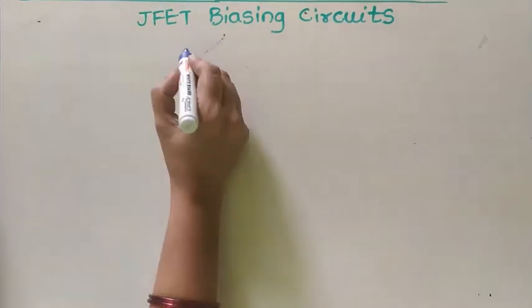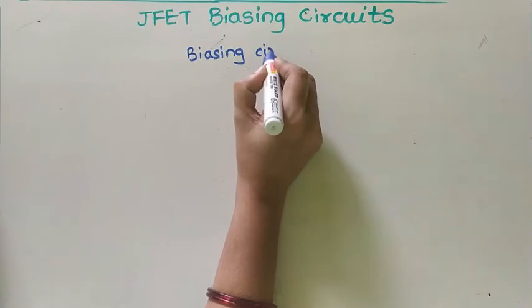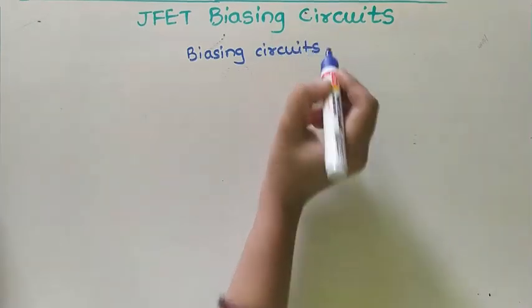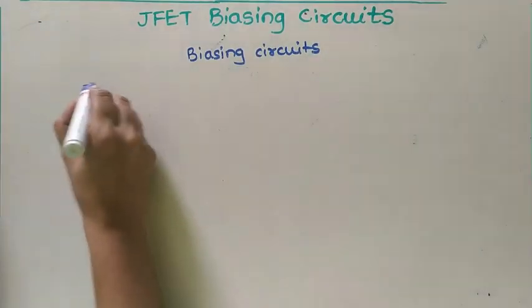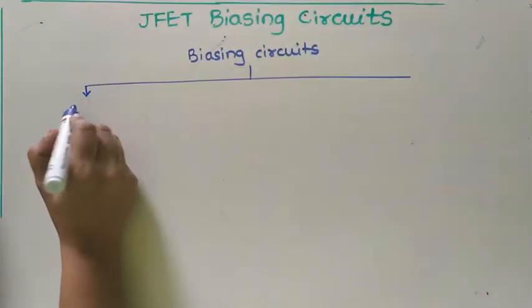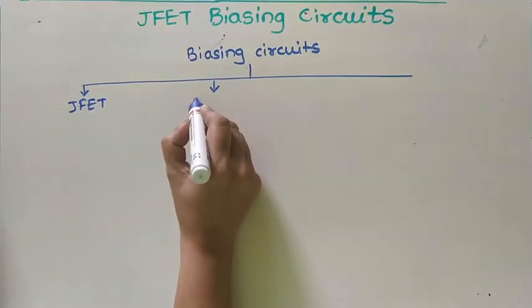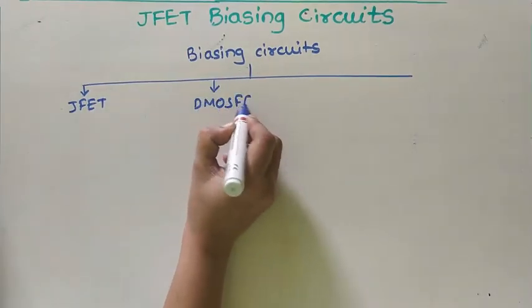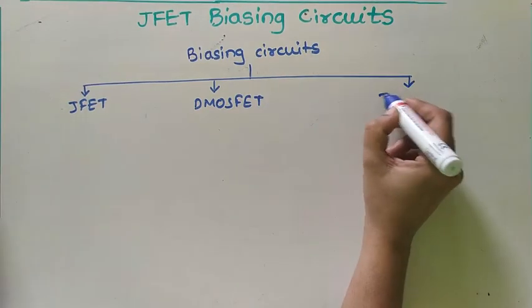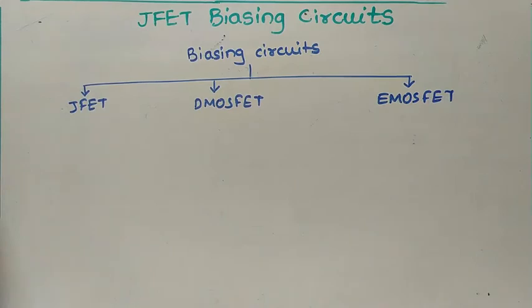Now the biasing circuits for FET, according to the device, whether it is JFET, or D MOSFET, or E MOSFET, we have different biasing circuits available.